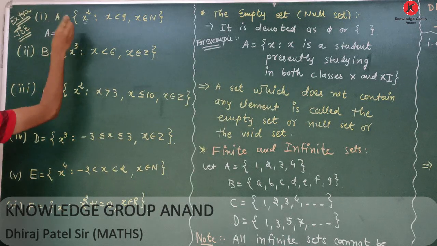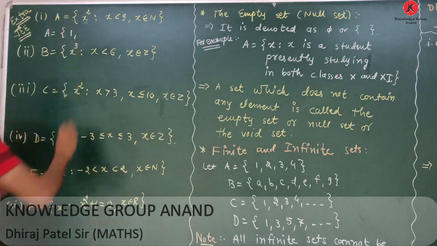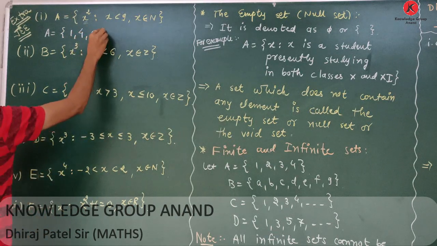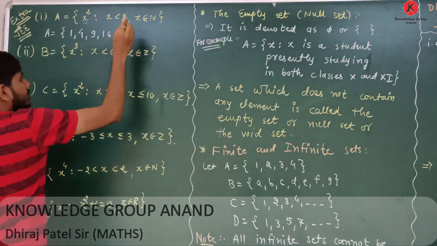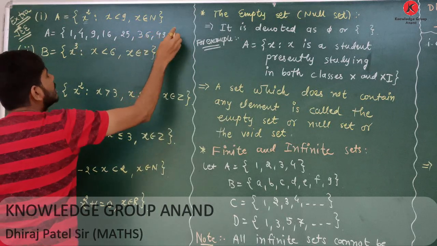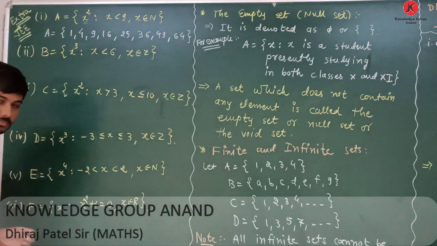Therefore set A equals, curly bracket, for x equals 1, 1 square is 1, 2 square 4, 3 square 9, 4 square 16, 5 square 25, 6 square 36, 7 square 49, 8 square 64, curly bracket close.